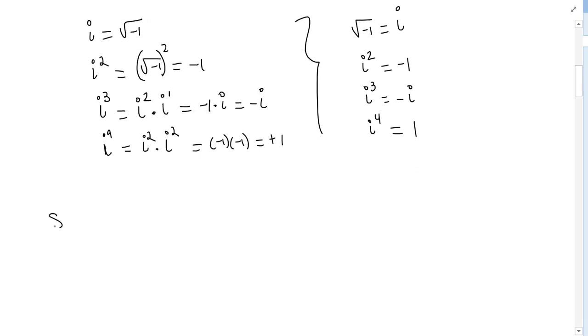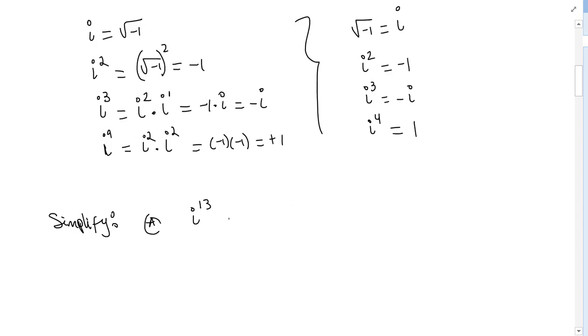So for example, let's say I want you to simplify i to the 13th power. So what is that going to be? We don't want to necessarily go all the way down the line here. We want to be able to use these as our guide.